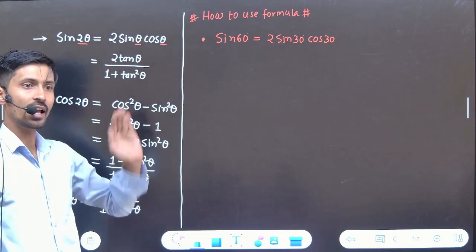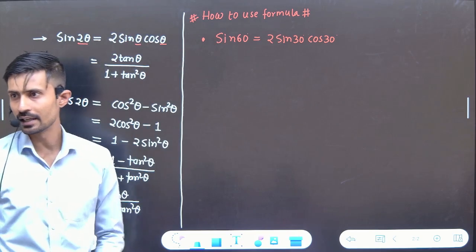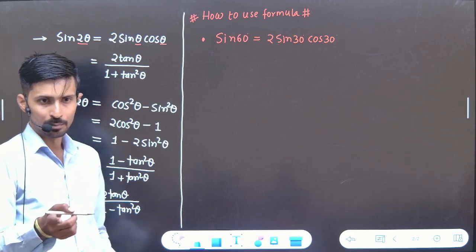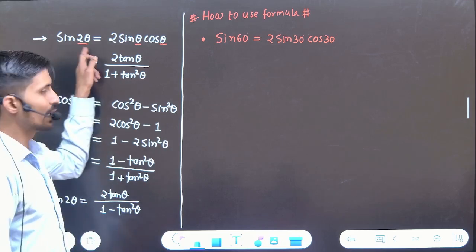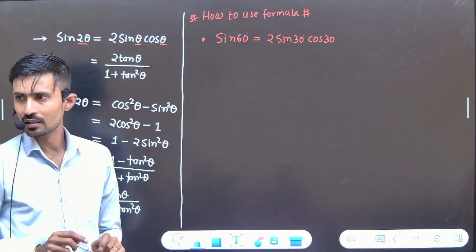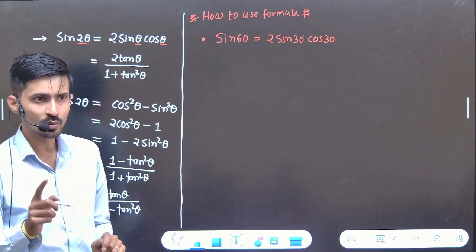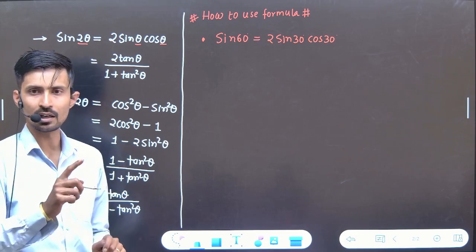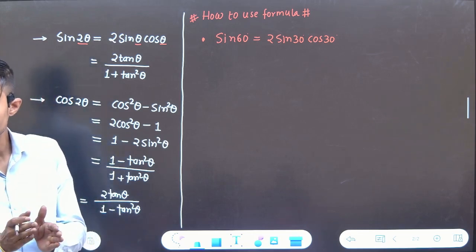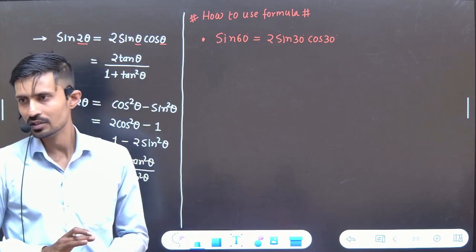Right to left, the angle is getting double. Previously you wrote sin 2A. Here I am writing sin 2 theta. Sometimes you will see sin 2 gamma, sin 2 beta. Alpha, beta are representing the same thing, an angle. So don't be confused.